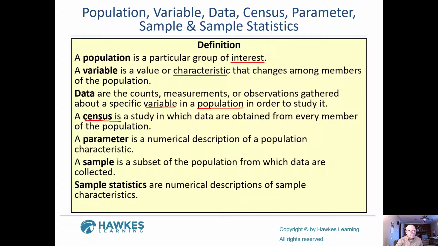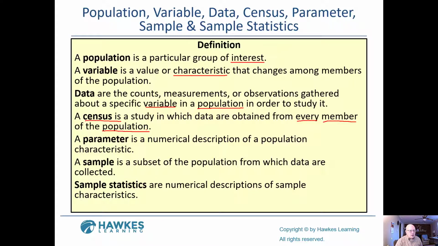Next, the census. The important word here is that for a census, you're fortunate enough to have the variables or the characteristics of every single item in your population, every member of the population. Well, that's super.